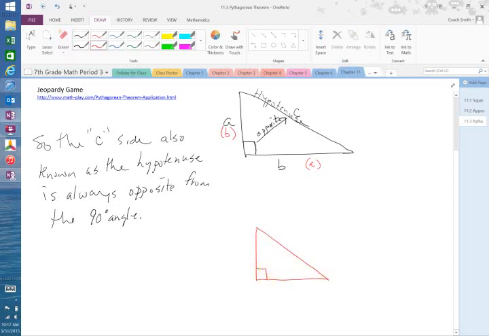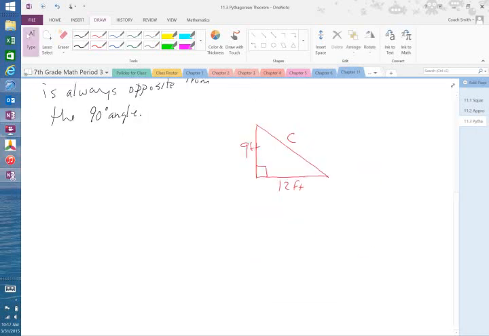Now, let's say that we had a triangle, and this triangle was 9 feet, 12 feet, and C is missing. Then to find C, I have to do this: 9 squared plus 12 squared is going to be equal to C squared.